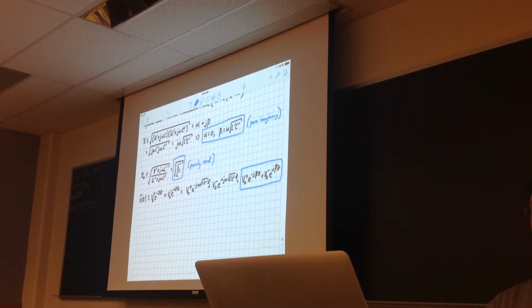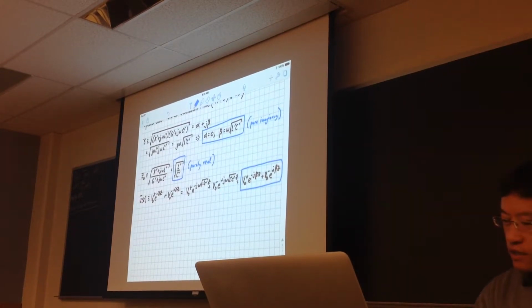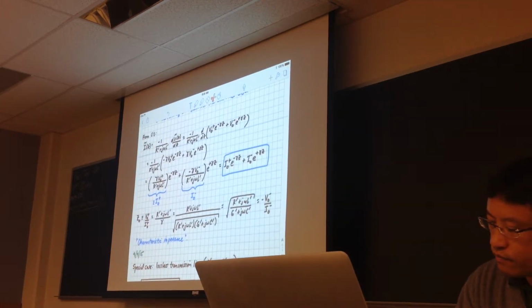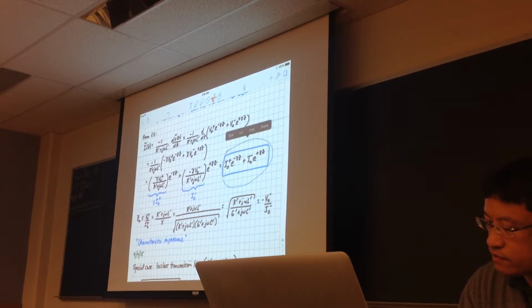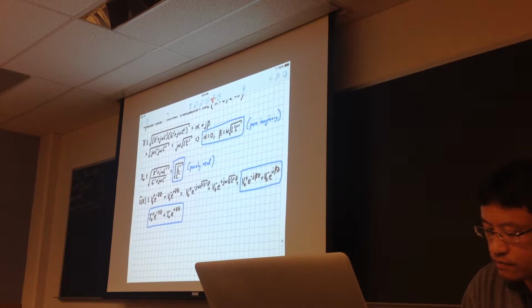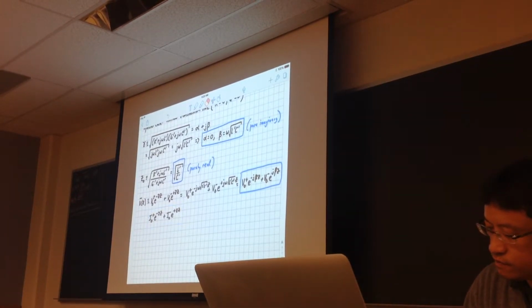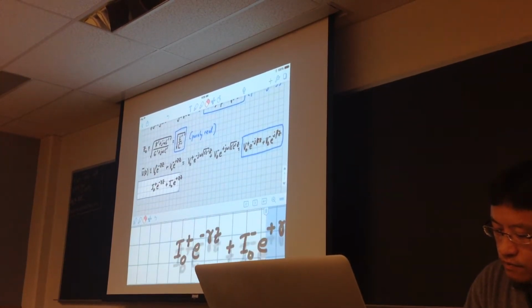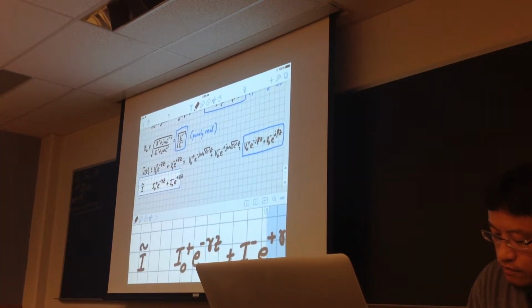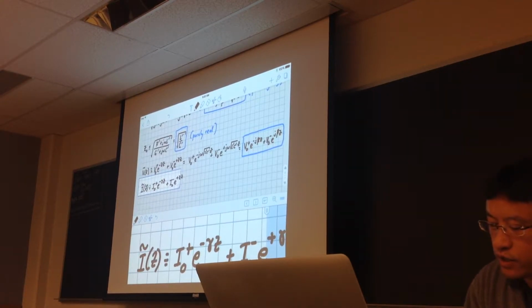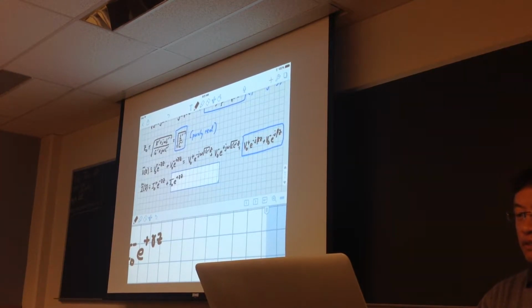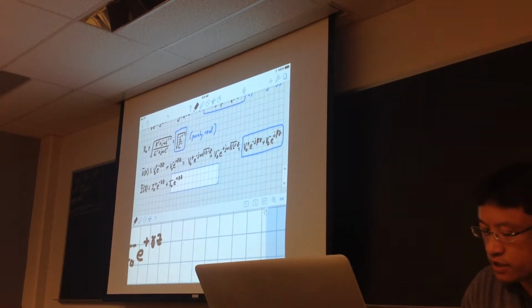Okay, do the same thing for the current I of z. So I of z we found to be I0 plus e to the minus gamma z plus I0 minus e to the plus gamma z.